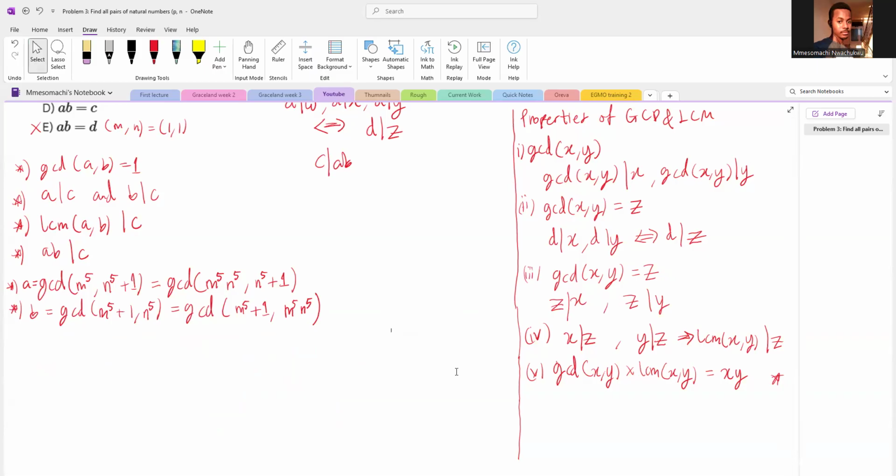So for this statement, the property that I'm going to use is property VI. If you have that the GCD of x and v is equal to w, and you have that the GCD of x and y is equal to z, then that implies that the GCD of x and vy is equal to the GCD of wz.